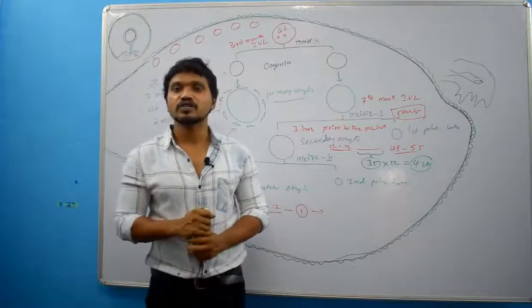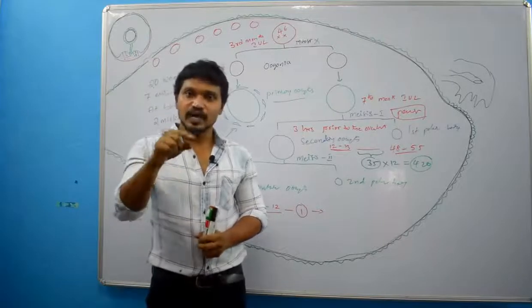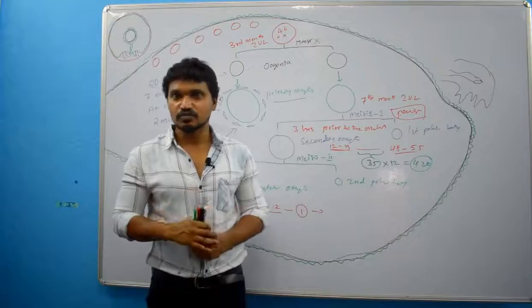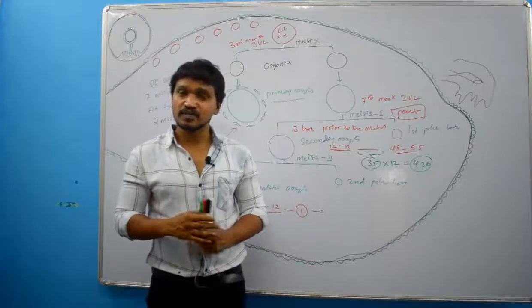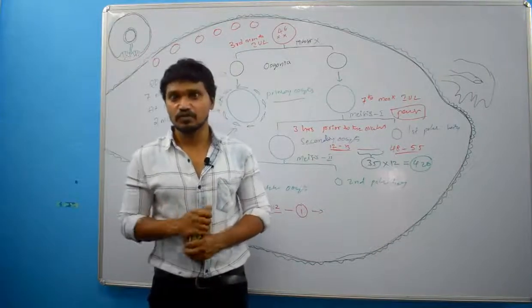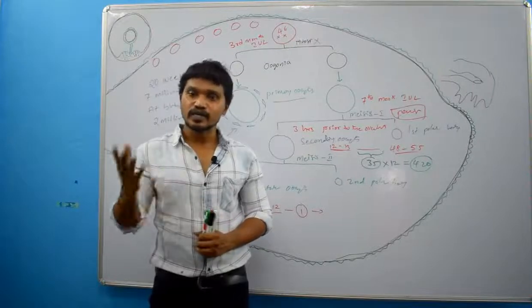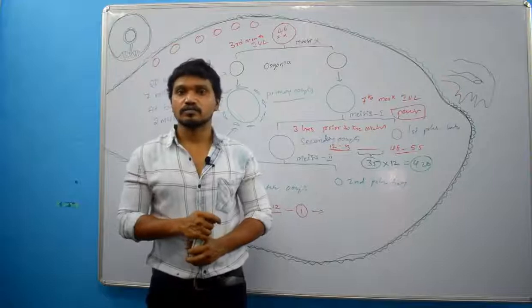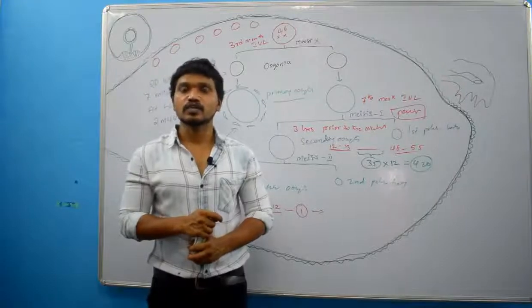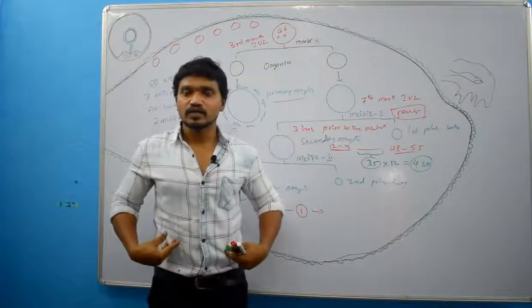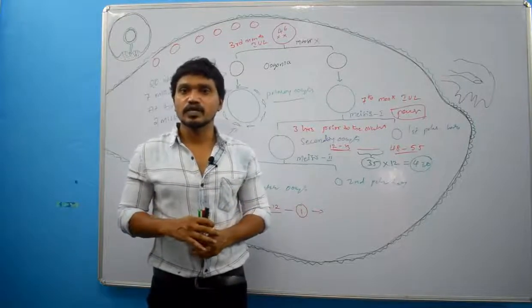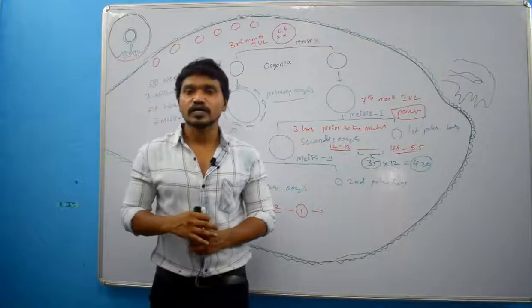After 35, there is a risk of trisomy children like Down syndrome and others. But in males also there will be a problem. Aged fathers may give birth to children with achondroplasia. Achondroplasia means the body will be normal, but the limbs, both upper and lower, will be very short. That condition we call achondroplasia.